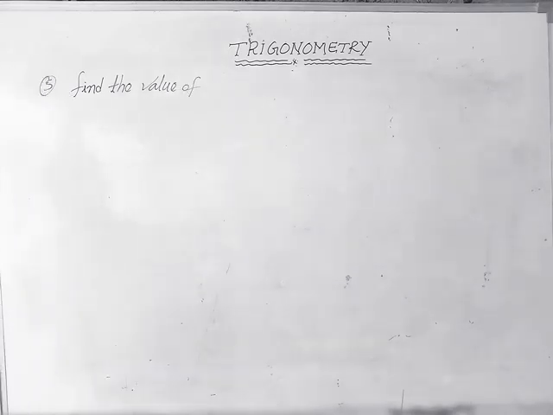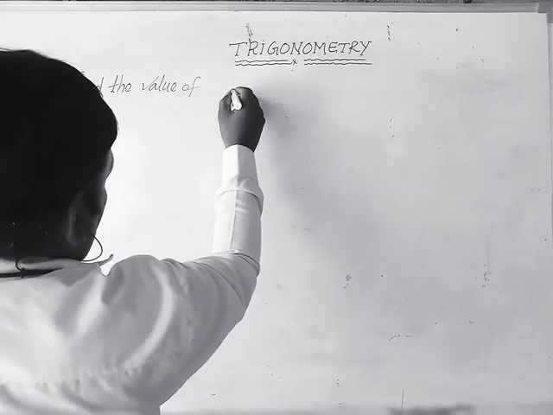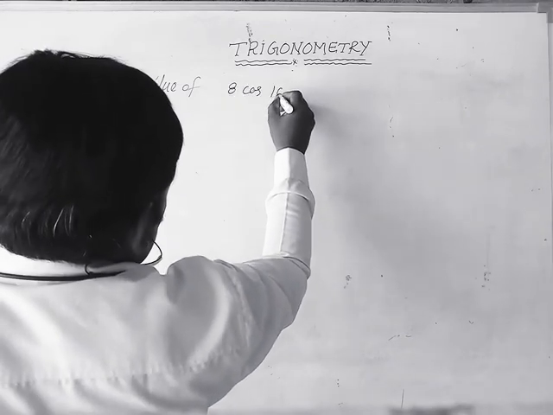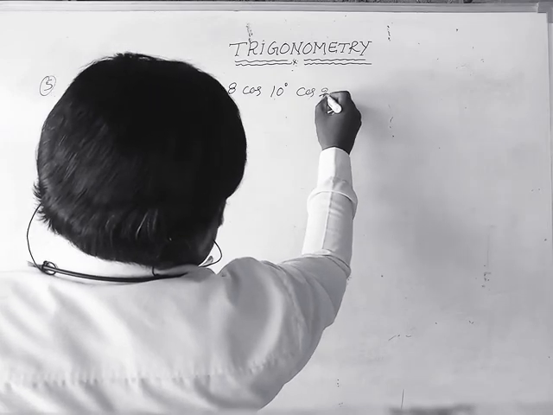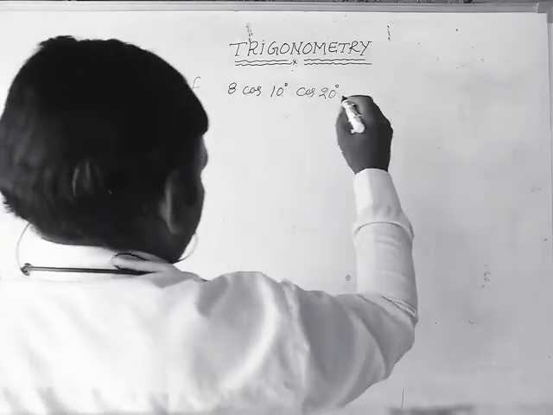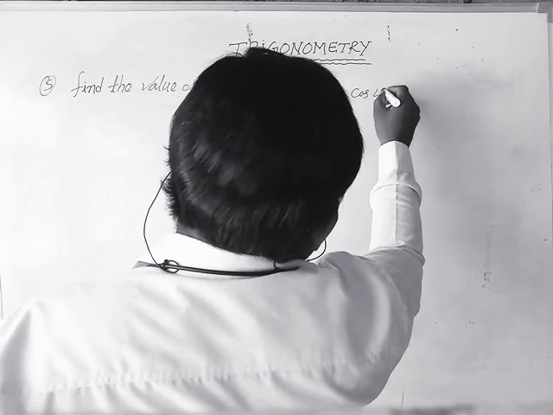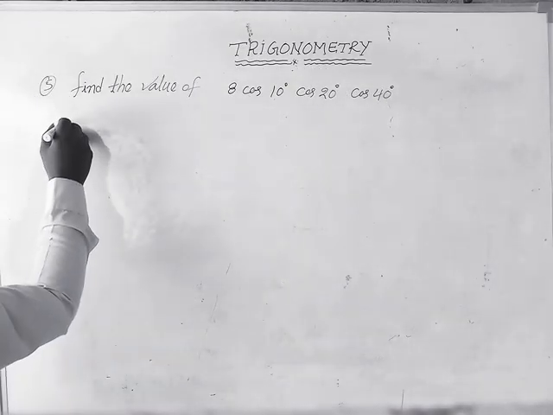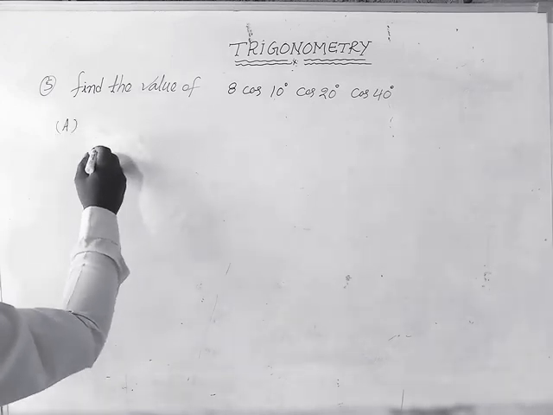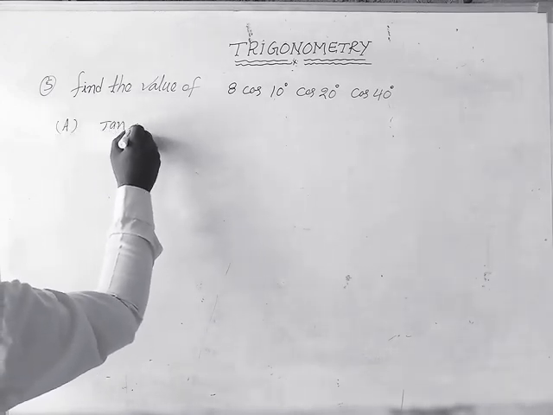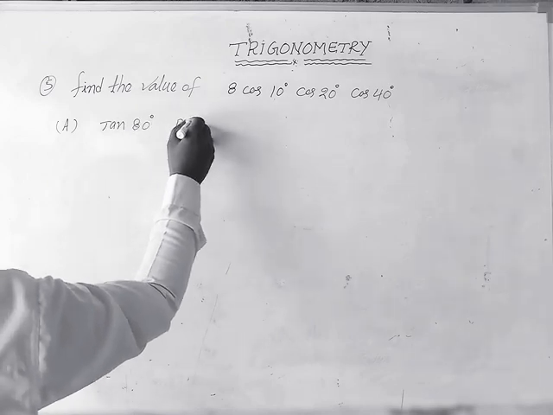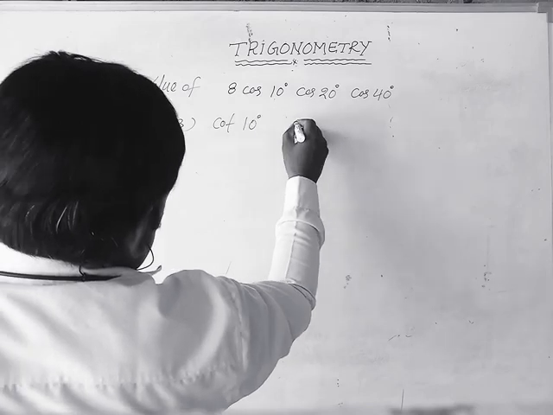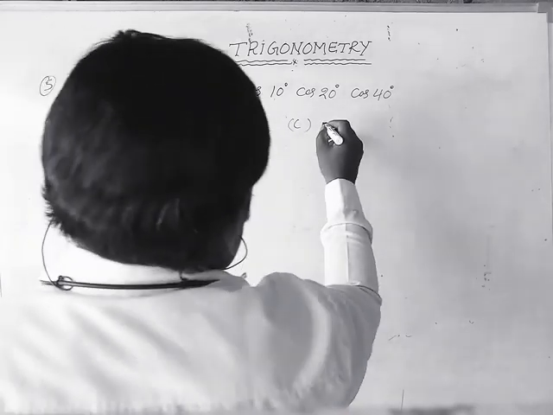Find the value of 8 cos 10 degrees, cos 20 degrees, cos 40 degrees. Here the given options are tan 80 degrees, cot 10 degrees, sin 80 degrees.